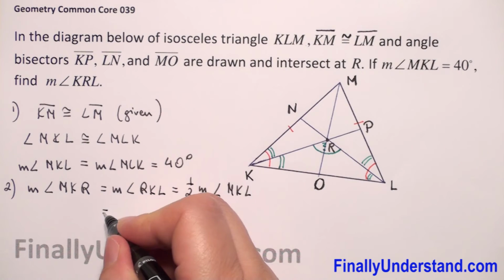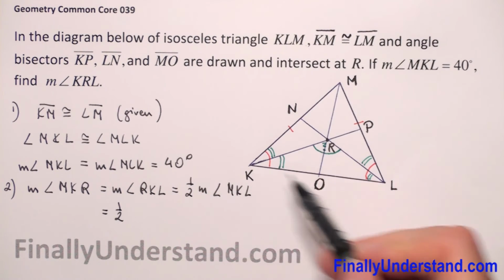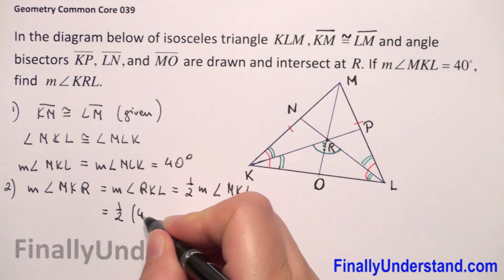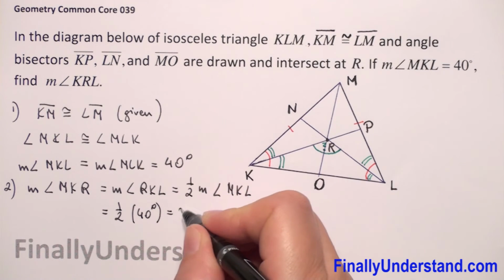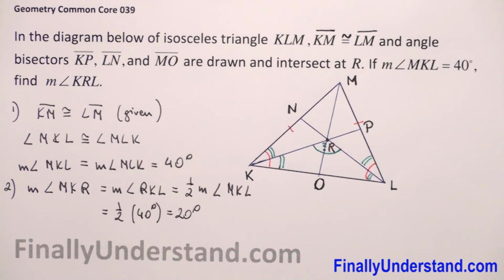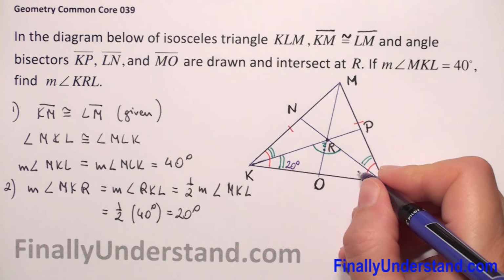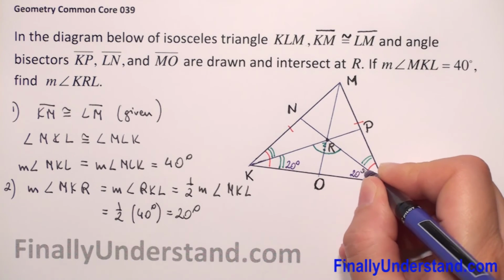So this is equal to 1/2 times the measure of angle MKL, which is 40 degrees, so this is 20 degrees. We have these two angles. So now we know that here we have 20 degrees, and here also we have 20 degrees.